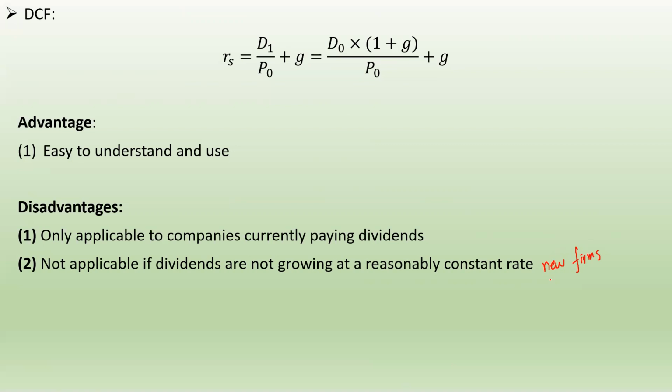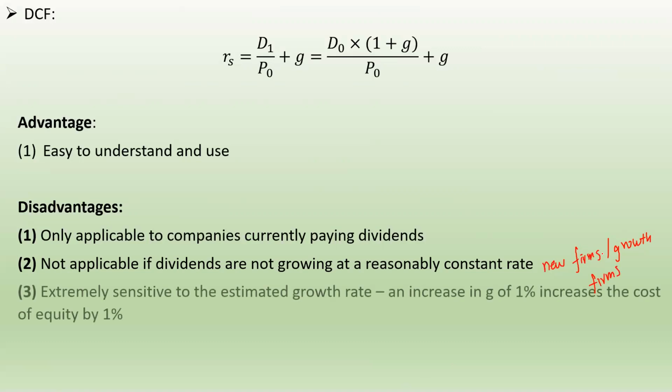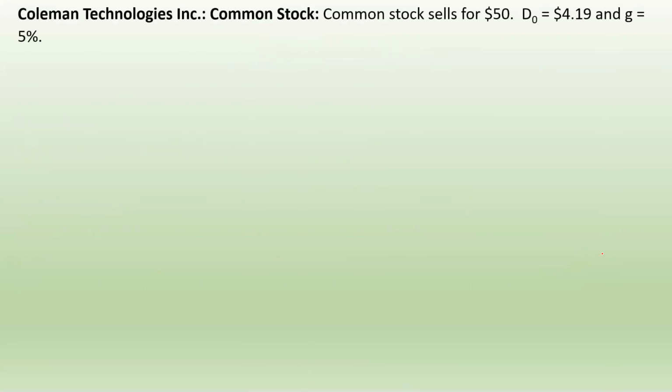We cannot use this model. Also, it's very sensitive. You need really good estimates of the growth rate, and it doesn't consider the risk. So it's not like CAPM, which includes beta, which measures the systematic risk.